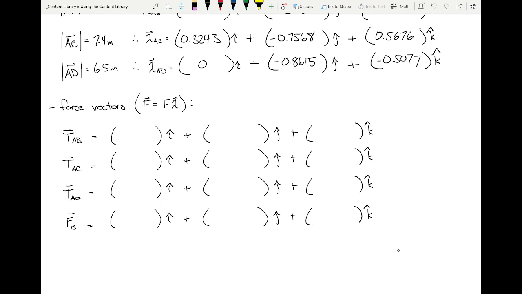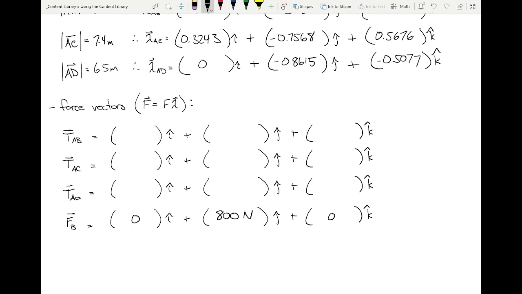We didn't need to go through all this hullabaloo with distance vectors and unit vectors, because we can just look at this vector here and say, what was this vector again for FB? What did you say it was? 800 what? No, newtons, but what component? J, all right? So this is 800 newtons, and this is 0. So that's this vector right here. That one's pretty easy, okay?